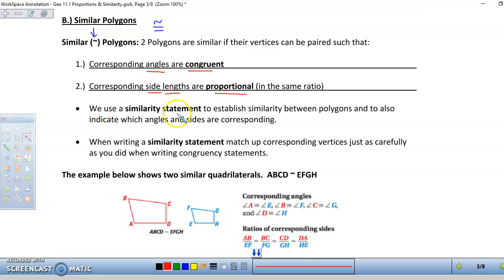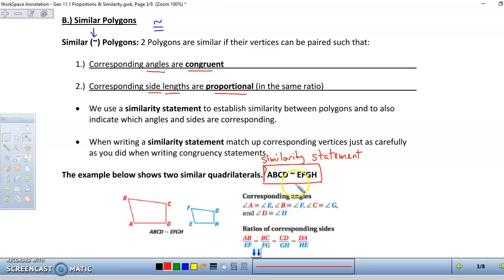We use a similarity statement to establish similarity between polygons and to also indicate which angles and sides are corresponding. So this down here is an example of a similarity statement. And you'll notice it does look very much like a congruency statement, except you have that similarity symbol instead of congruence.